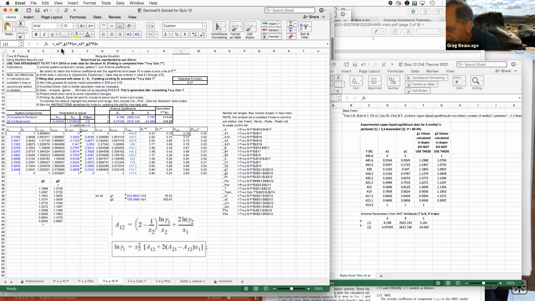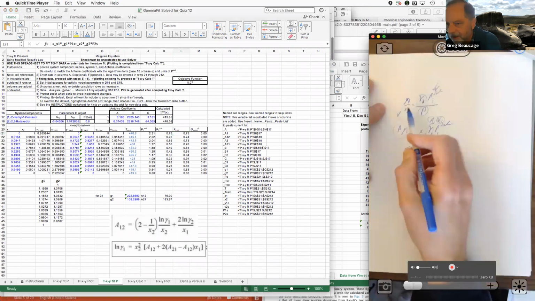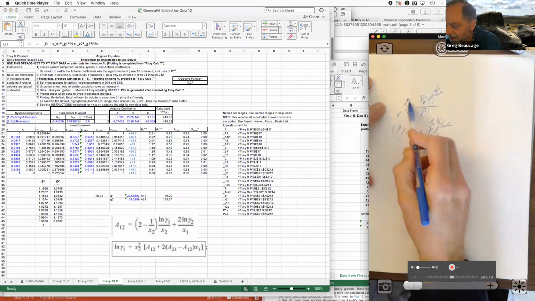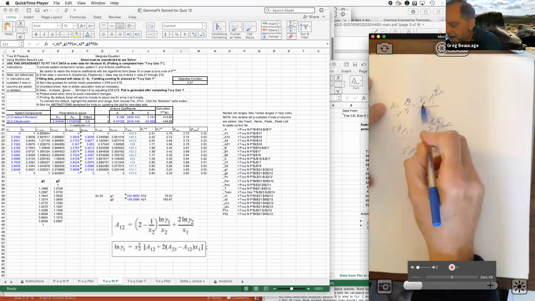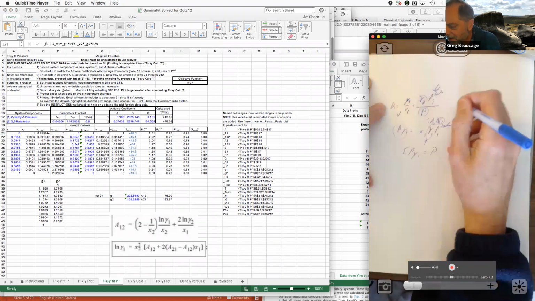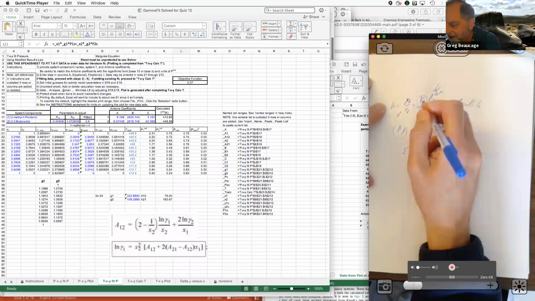And the sum of the Y1s times P equals P. This is our parent equation: the K ratio, Y1 over X1 is gamma 1 P1 sat over P. That's kind of Raoult's law. Without the gamma 1, it's Raoult's law, so it's a modified Raoult's law.